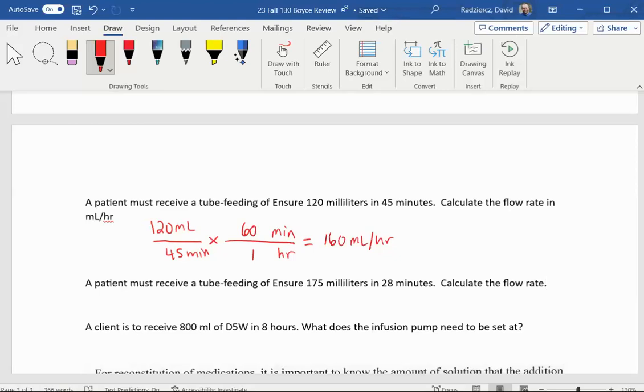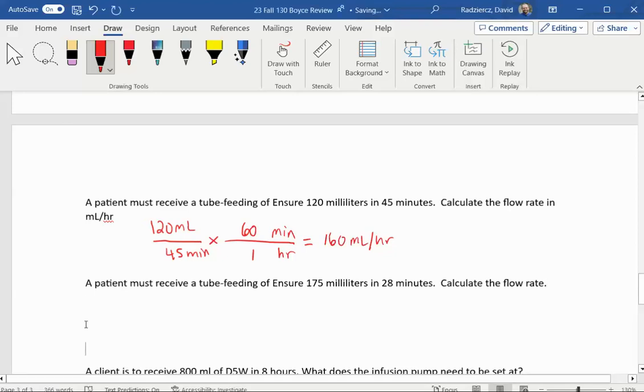All right, there's a couple of answers coming in. So just to confirm what some of you are writing out, I have 175 milliliters over 28 minutes.